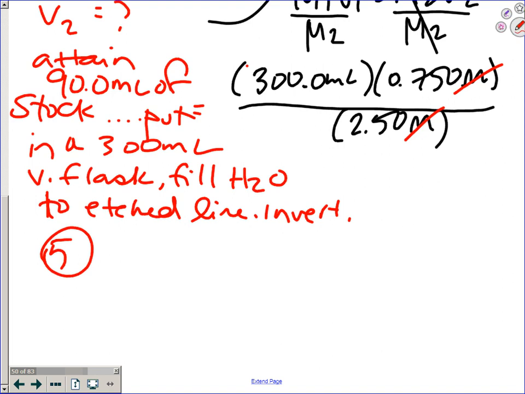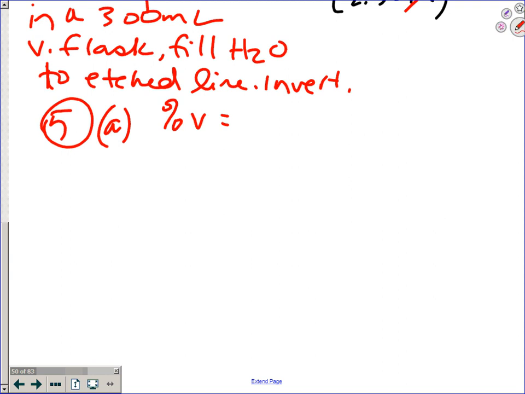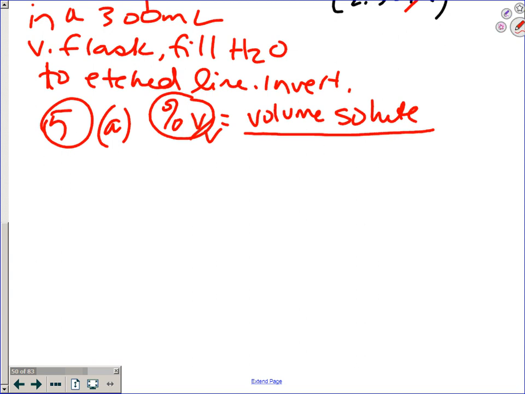On 5A, they say express the following concentrations by percent volume. Percent volume means volume by volume: volume of solute over volume of solution total, times 100.